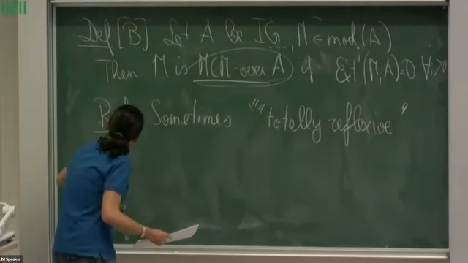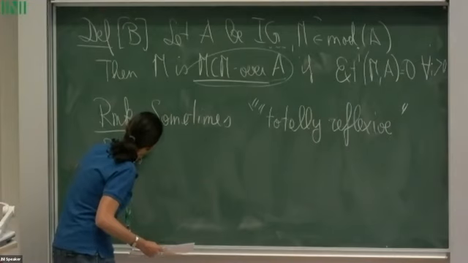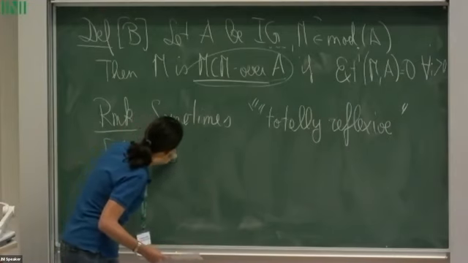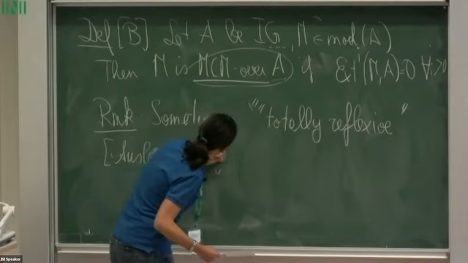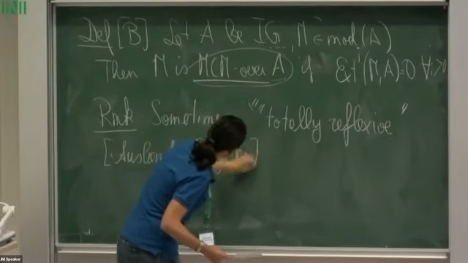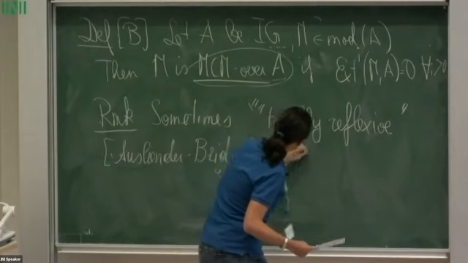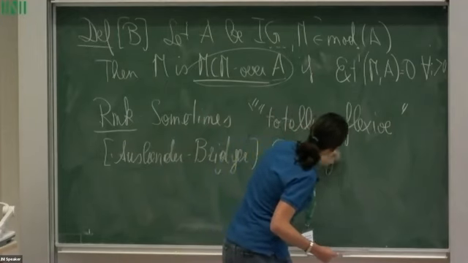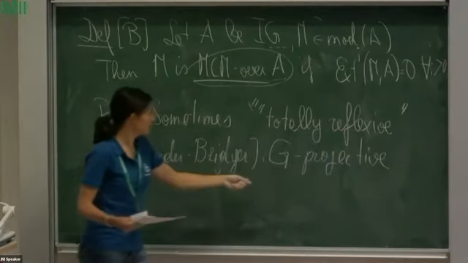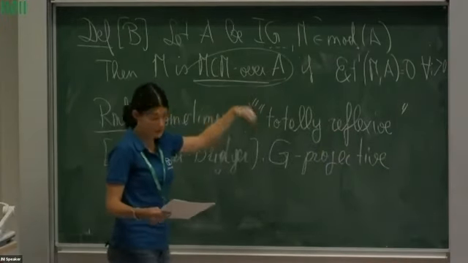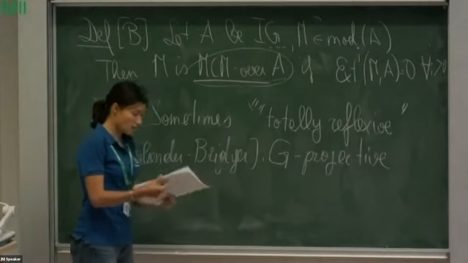And so Auslander and Bridger gave some definitions for what is called Gorenstein projective. And so this can be defined over not only Gorenstein rings, but in general, Cohen-Macaulay rings.